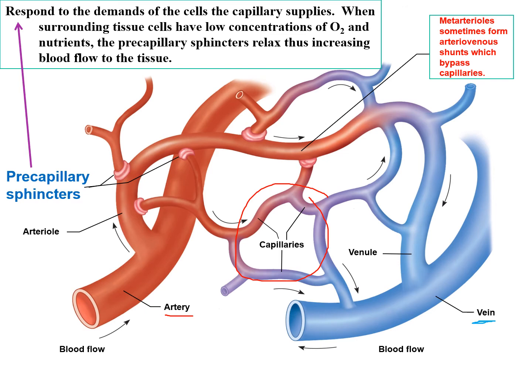The exception to the rule are the pulmonary veins and pulmonary arteries. Okay, we talked about that earlier. But all arteries, except for pulmonary arteries, are carrying oxygen-rich blood, and most all veins, except for pulmonary veins, are carrying oxygen-poor blood. So that transition between oxygen-rich and oxygen-poor are the capillaries.